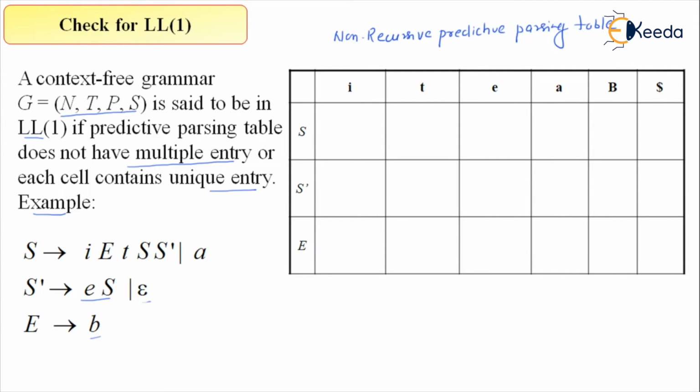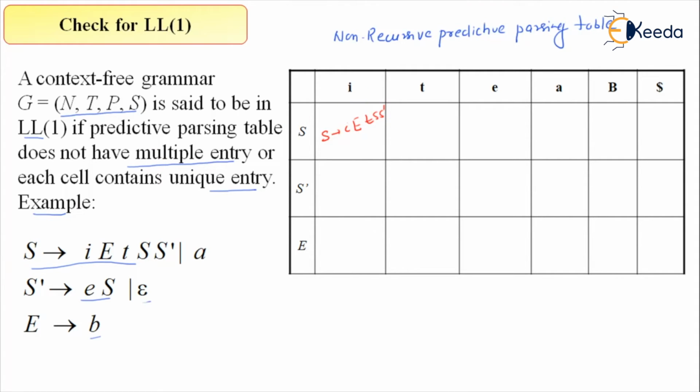Let's consider the first production, S derives iEtSS'. Here i is the terminal, so S derives if expression then statement and S'.